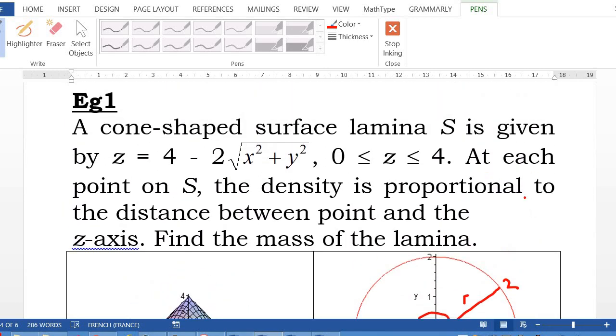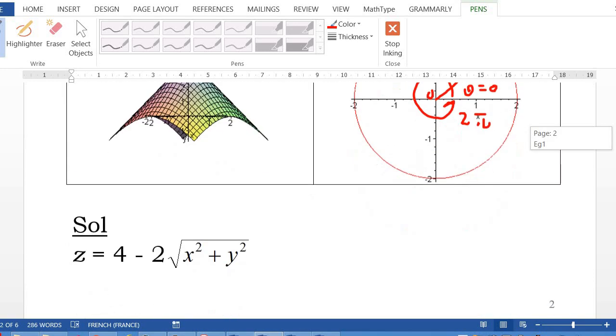You said at each point on S, the density is proportional to the distance between the point and the z-axis. Okay, density is proportional, so we let it equal to k times the distance between the point, meaning any point (x, y, z), and the z-axis.